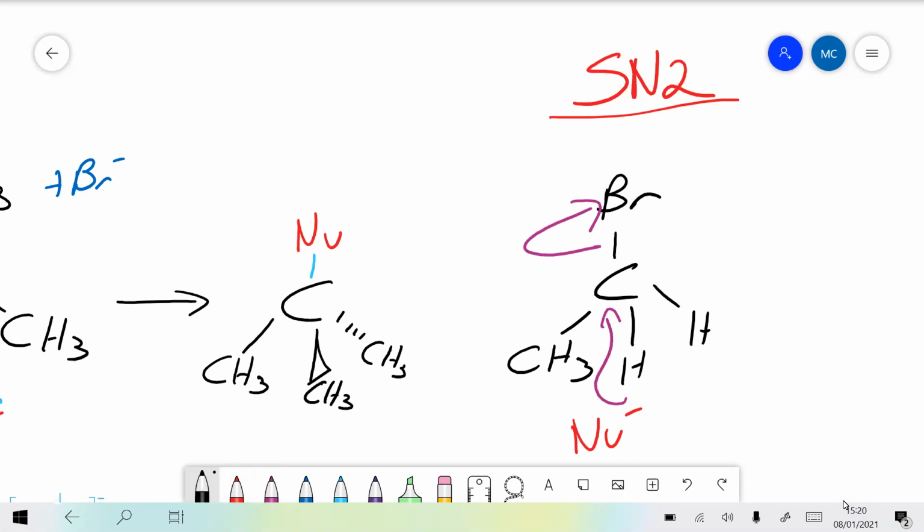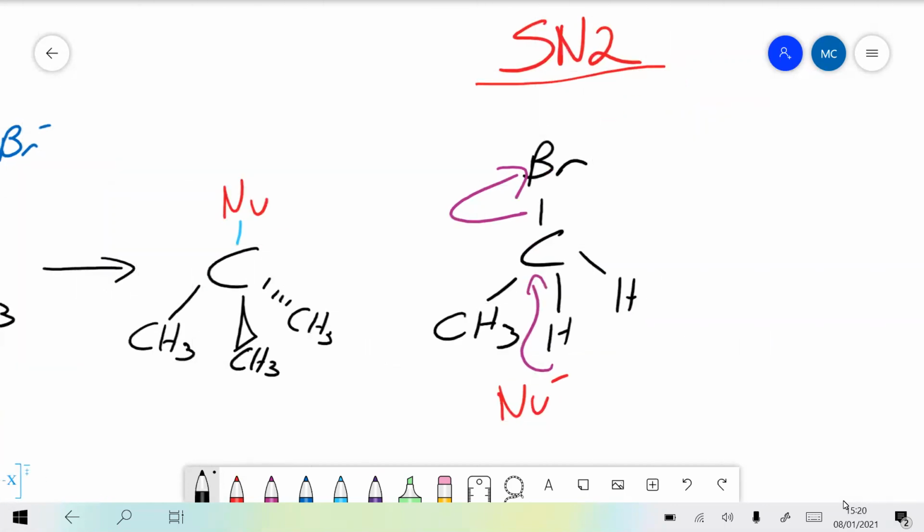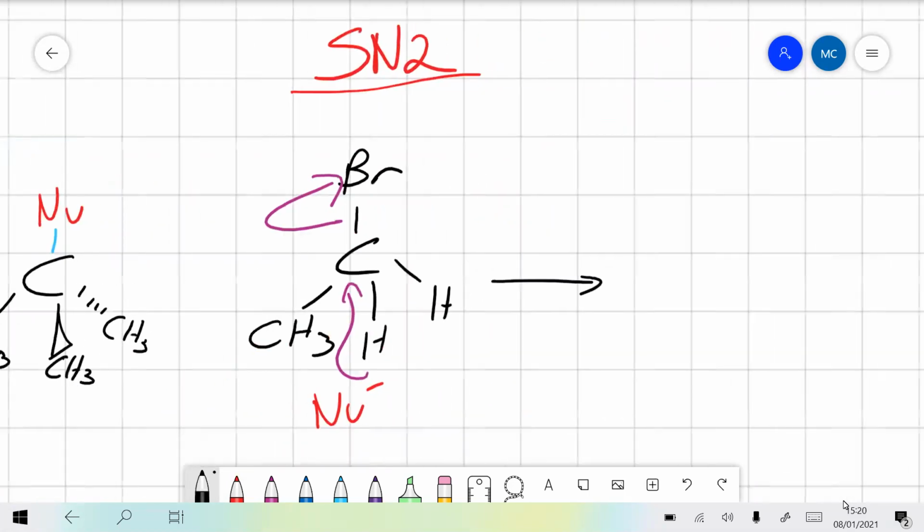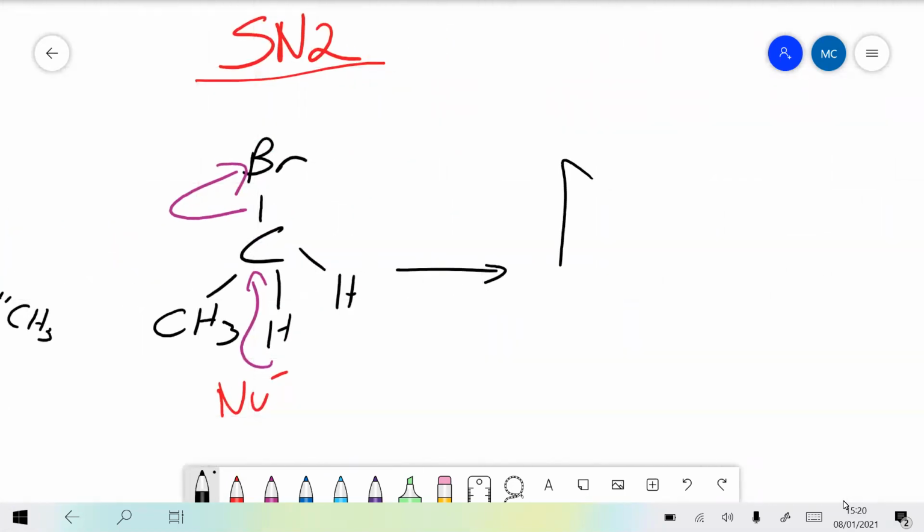The nucleophile will attack the carbon, which is slightly delta positive, and this will release the electrons to the bromine to give an intermediate or a transition step, where you will have bonds being broken and bonds being created.